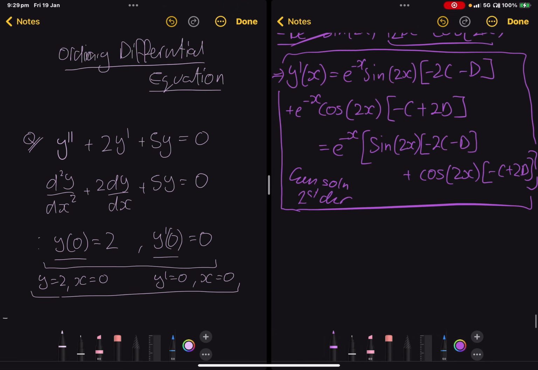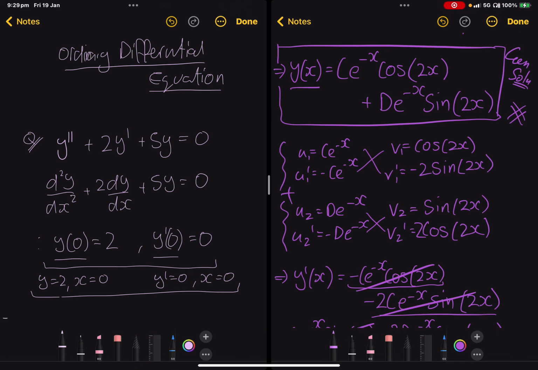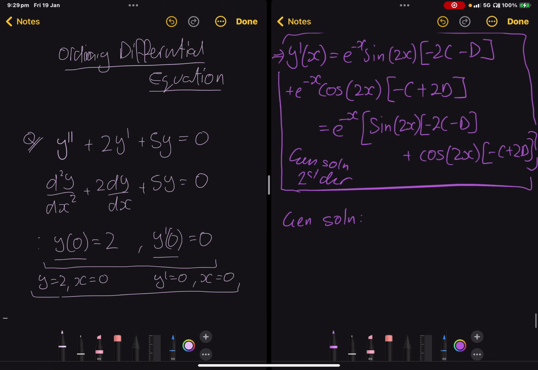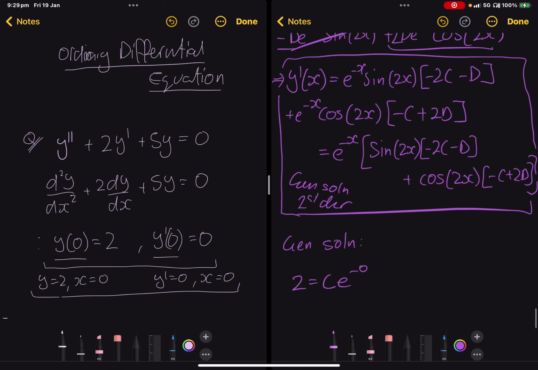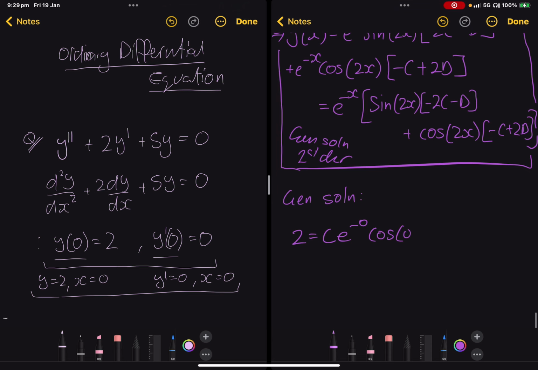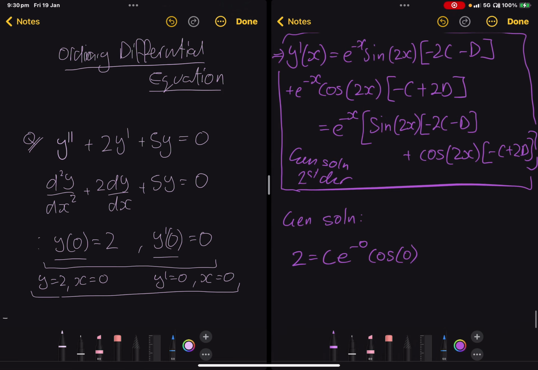So for our general solution, plugging this in, when x is 0, we will have y of 0, which is 2. 2 is equal to c times e to the minus 0 times cosine of 2 times 0, plus d times e to the minus 0 times sine of 0.